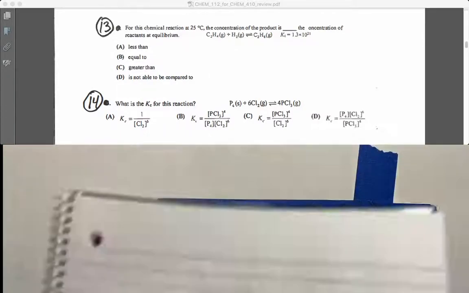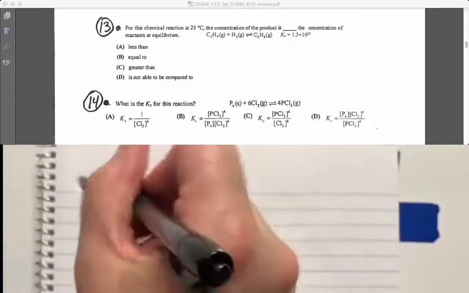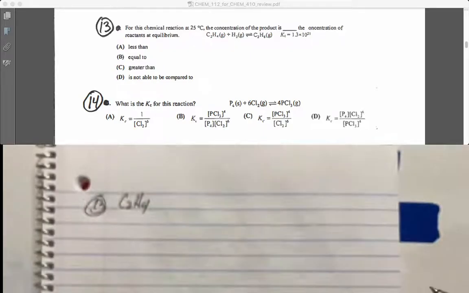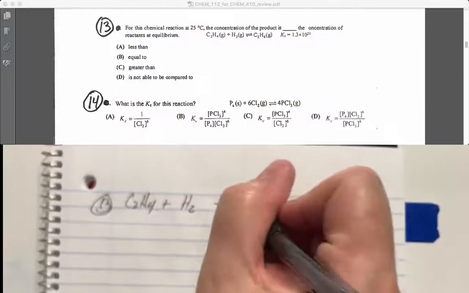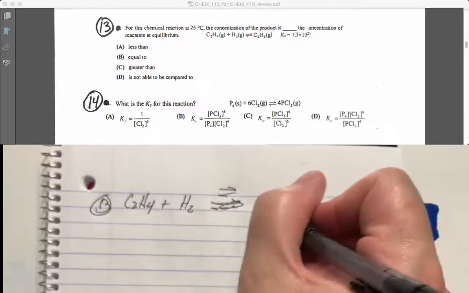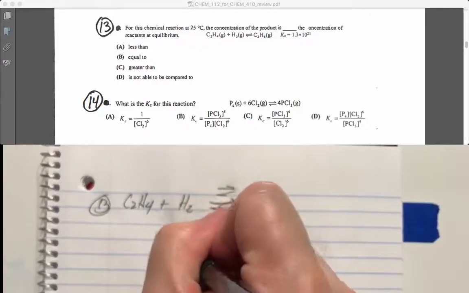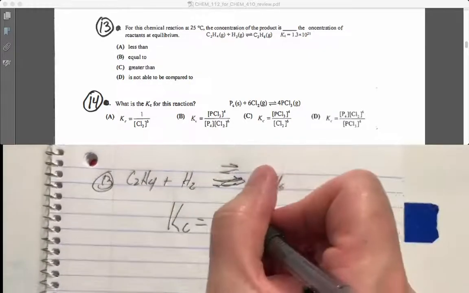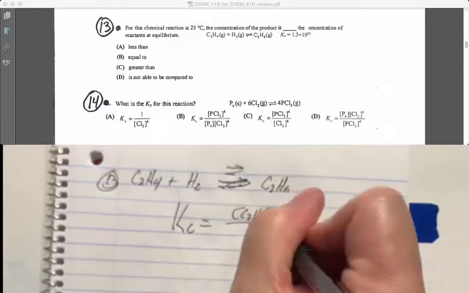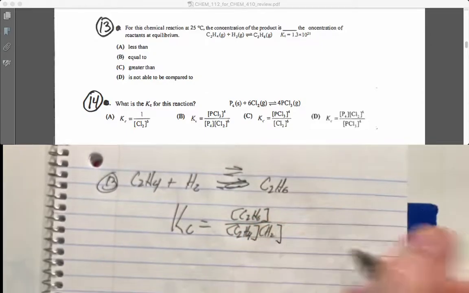Okay, 13 here, this is going to be being able to look at a balanced equilibrium reaction and write the equilibrium expression. It is very helpful for something like 13 here. So I'll rewrite my reaction. Equilibrium reaction. Okay, and this equilibrium reaction, so Kc is equal to the concentration of ethane over ethene or ethylene times the concentration of hydrogen gas.